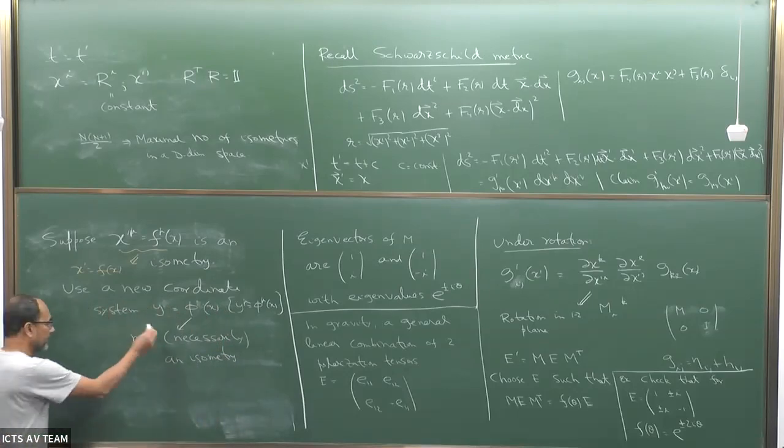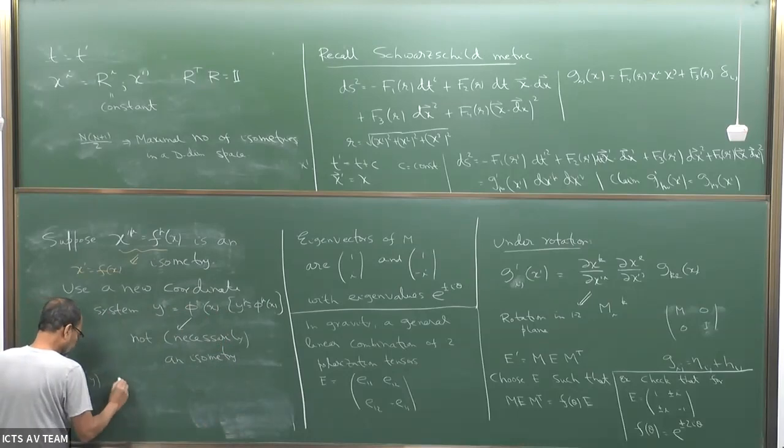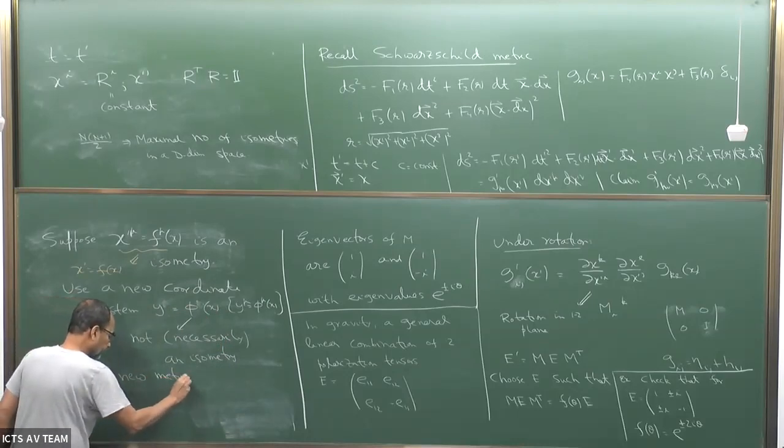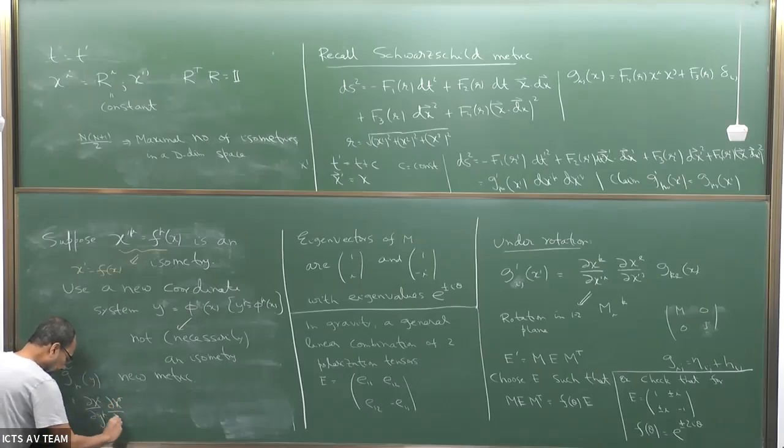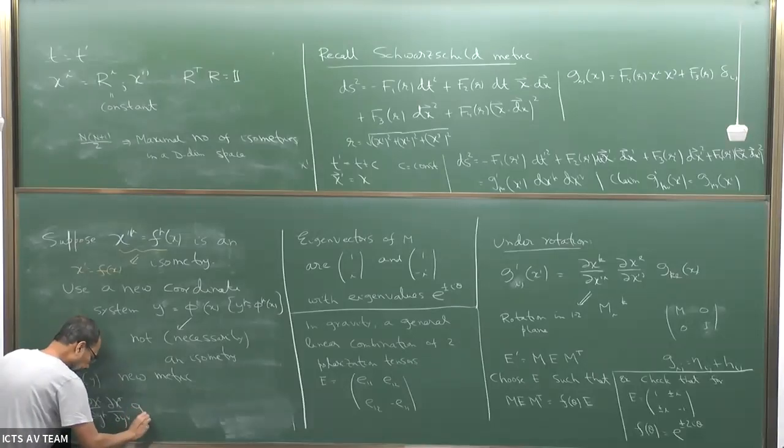Let's suppose that this gives you g tilde mu nu of y, the new metric that you get by making this transformation, right? So this is by construction del x rho del y mu, del x sigma del y mu, g rho sigma of x.